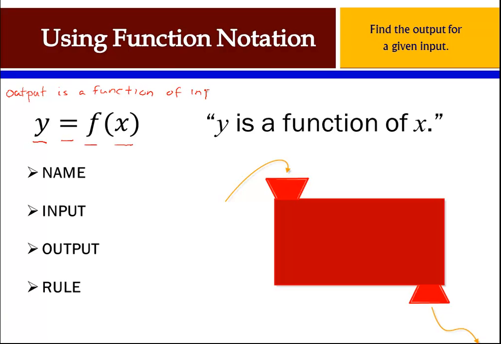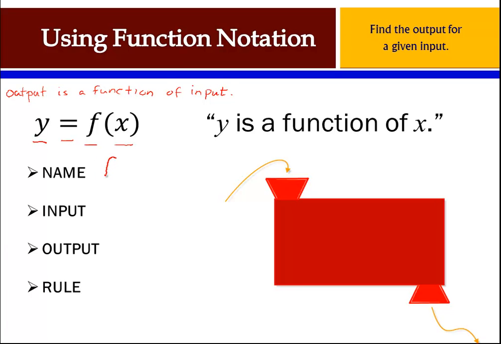What you get out depends on what you put in. Just like with the case of the drink machine, the drink you get depends on the button you press. That's what makes it a function. The output is a function of, or depends on, what you put in.